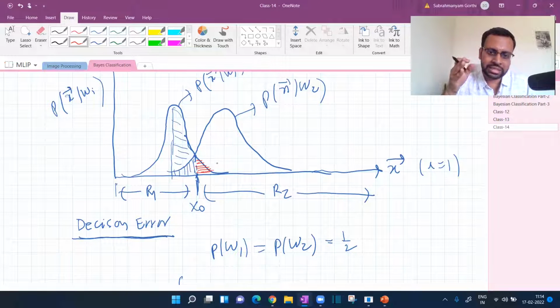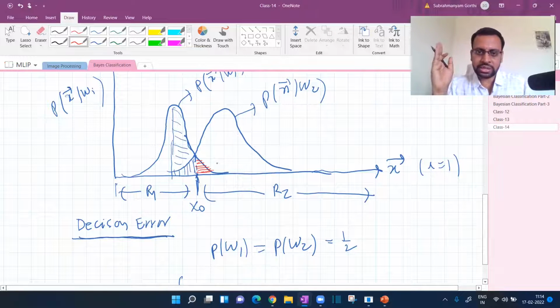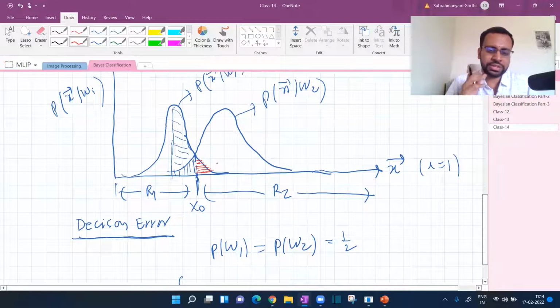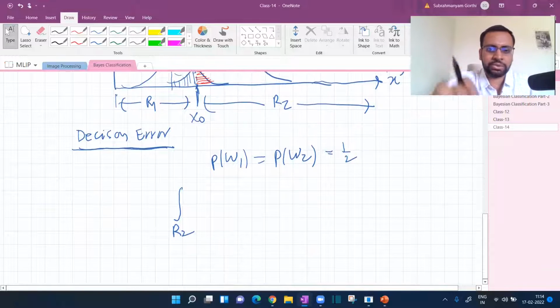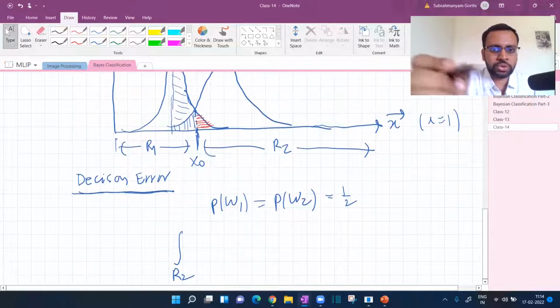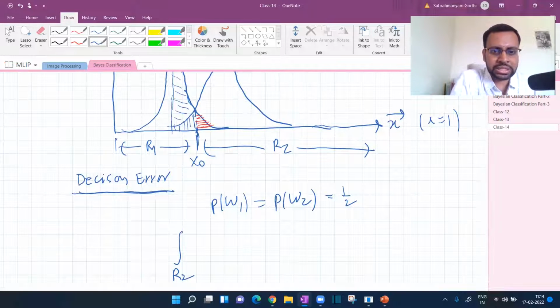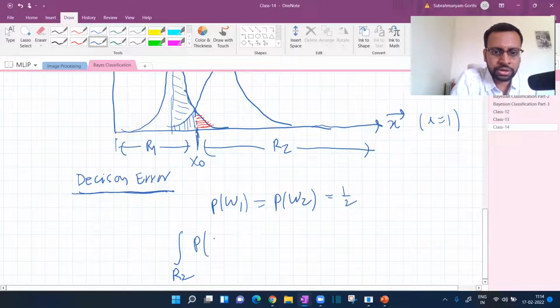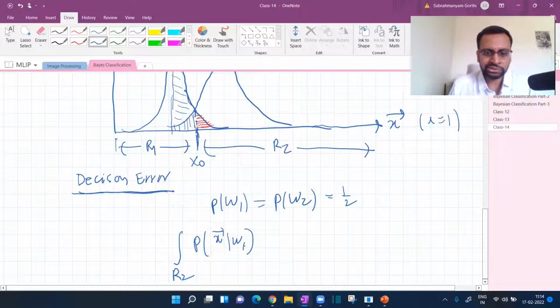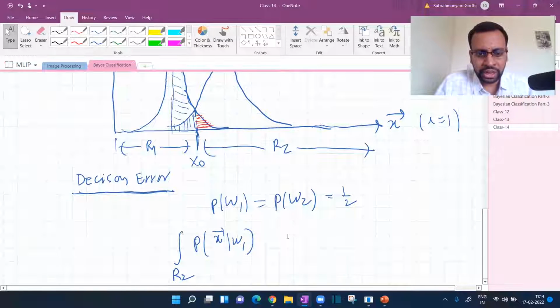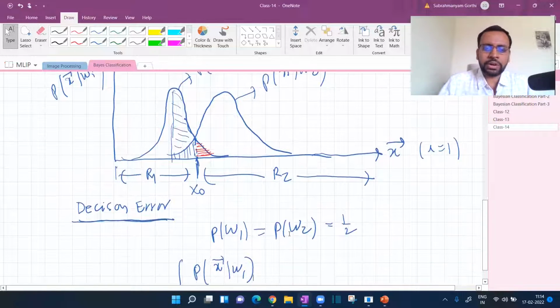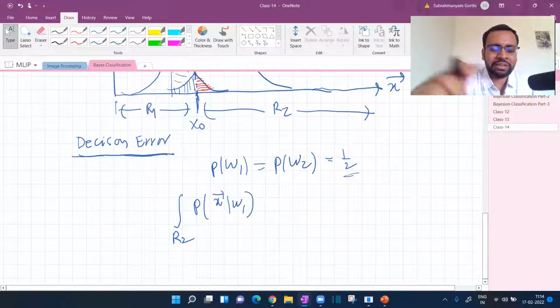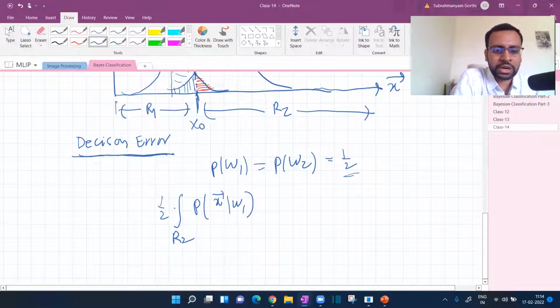So the area under the region R2 by the first curve gives the error contributed there, which is nothing but probability of x bar given omega 1. The probability of occurrence is half, so when I consider the average error, I put half here.